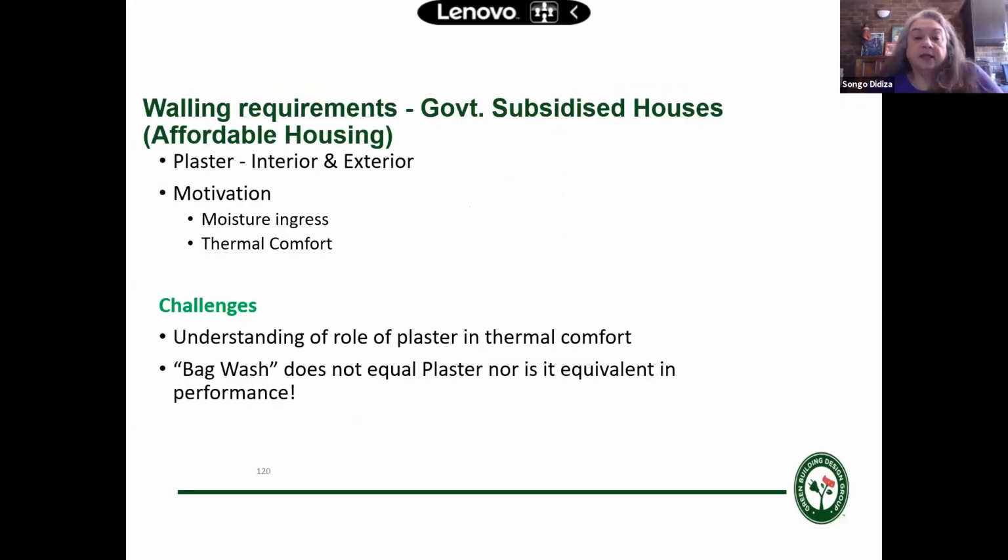Now, let's go back to government subsidized houses. What they did in 2013, and it was made mandatory for them from April 2014, was that for government subsidized houses, you had to have plaster in the interior and exterior. Again, why did we start with this whole plaster story with affordable housing?